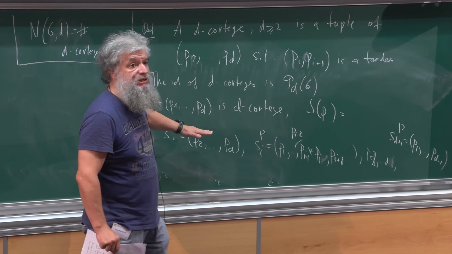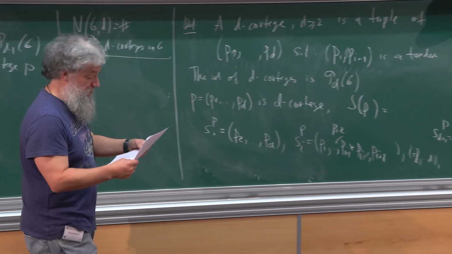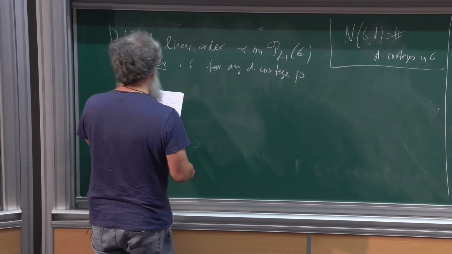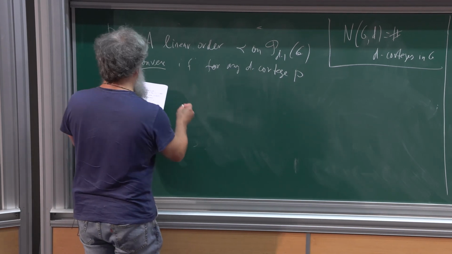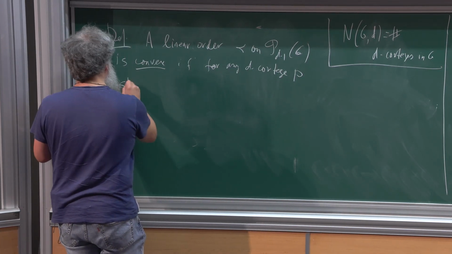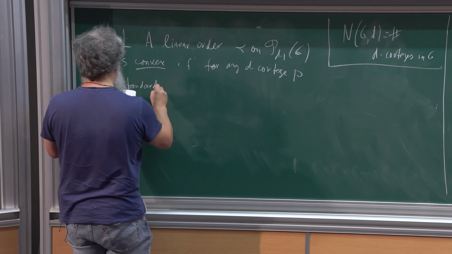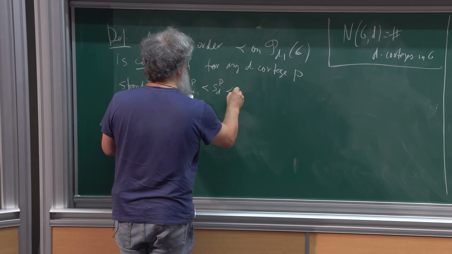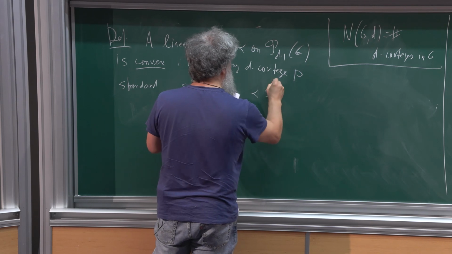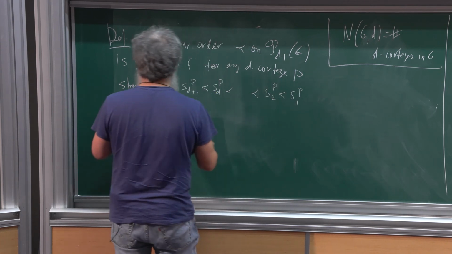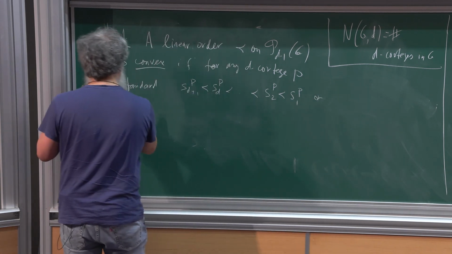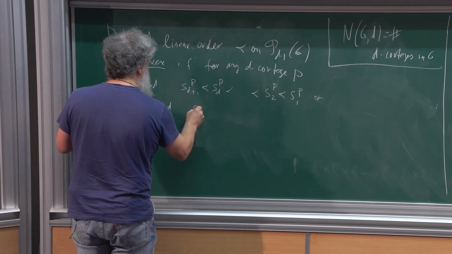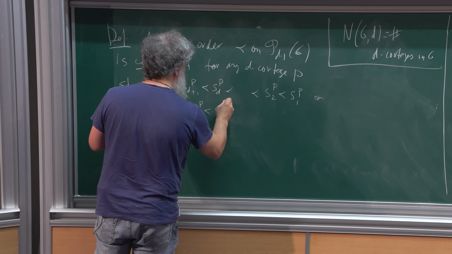So we construct from a d-Cartège d plus 1 many d minus 1 Cartèges. For any Cartège, either the sequence is ordered standard, that means S d plus 1 of P less than S d of P, and so on, S2 of P, S1 of P, or anti-standard, S1 of P less than S2 of P, and so on.